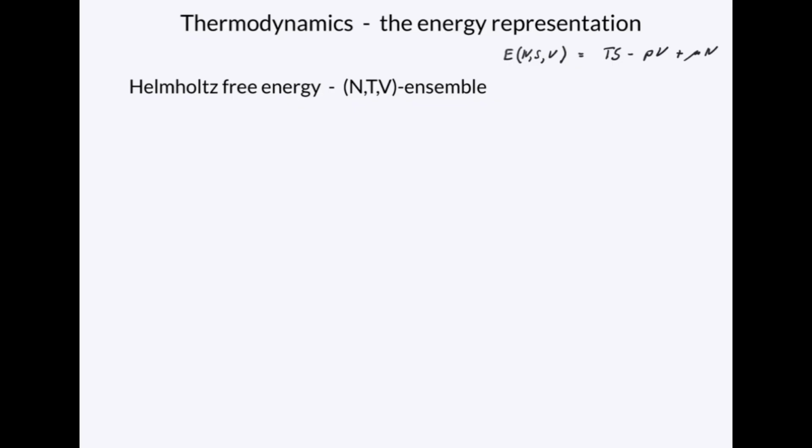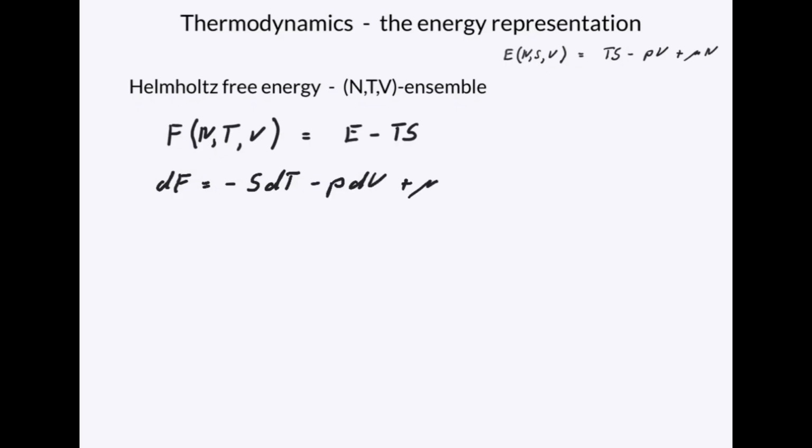The first is the so-called NTV ensemble, described by the Helmholtz free energy F. F depends on the number of particles N, the temperature, and the volume. The free energy we obtain from the energy E, which is also called the inner energy, and in the book this is referred to as U, by means of a Legendre transform.